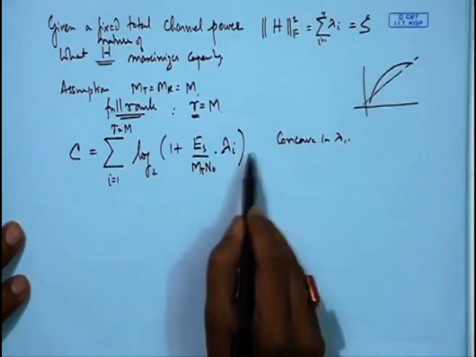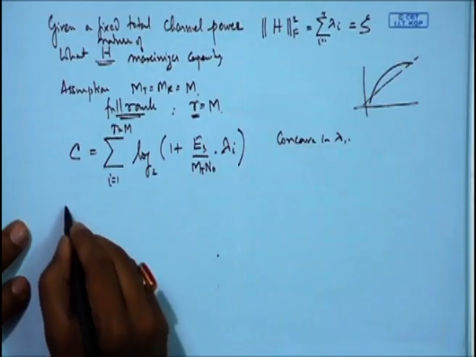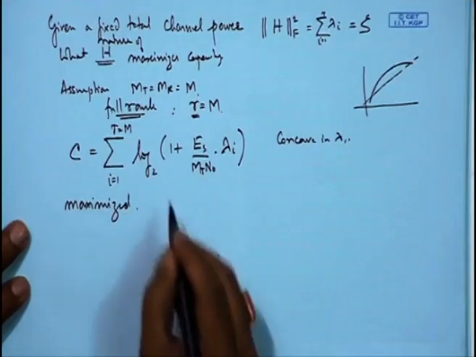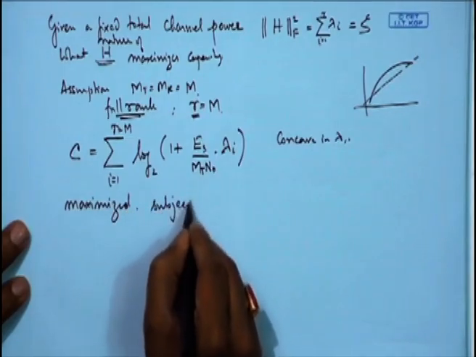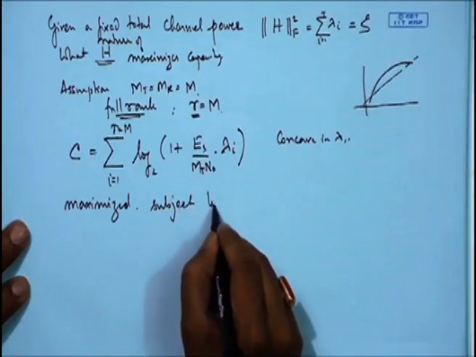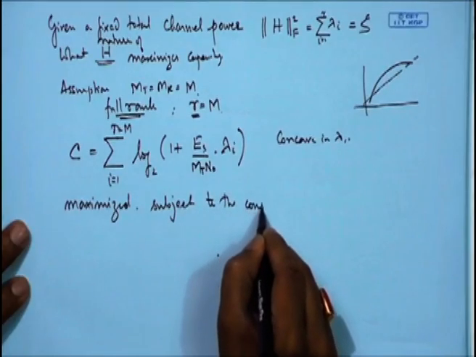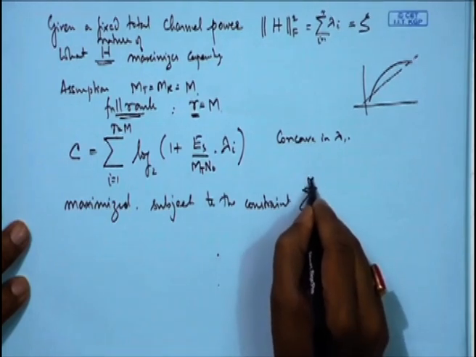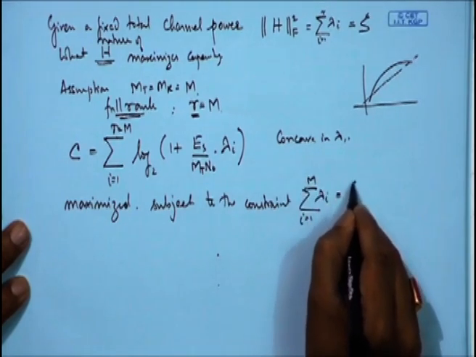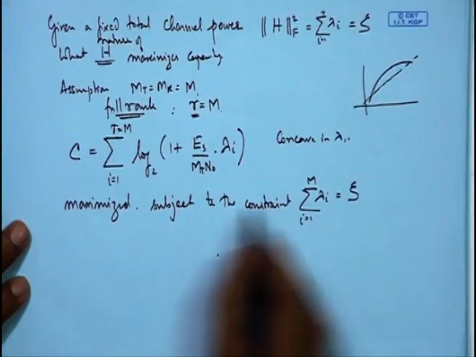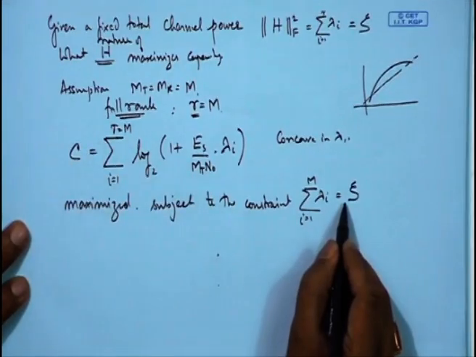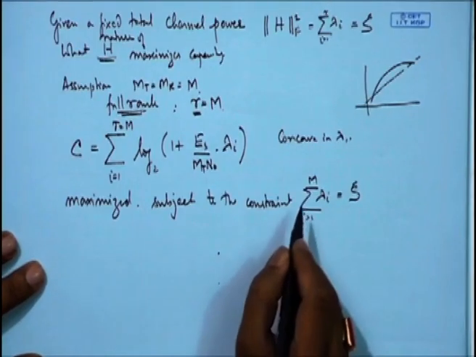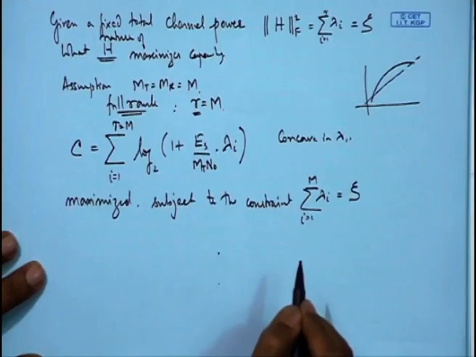So this is concave in lambda i, and therefore we can say that this is maximized subject to the constraint, the sum over i equals 1 to M of lambda i is equal to zeta. So we want to maximize this subject to this constraint, and it is a well known result. One can prove it also. We will not digress to that right now.